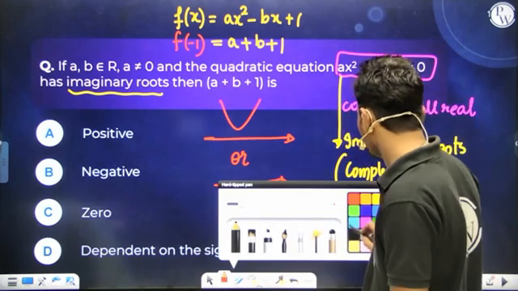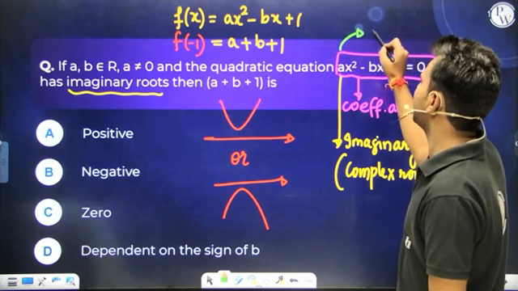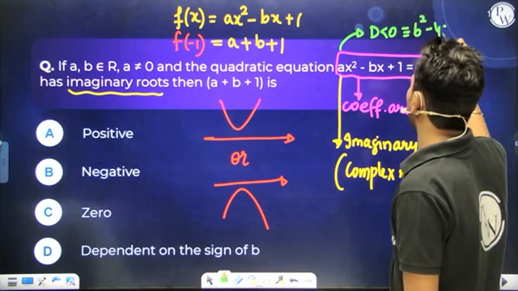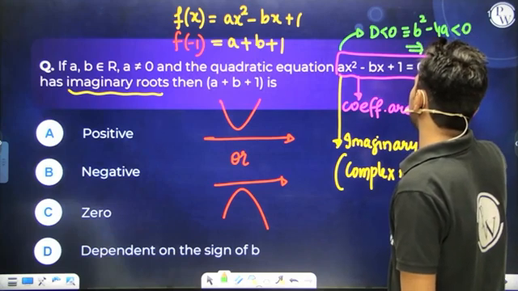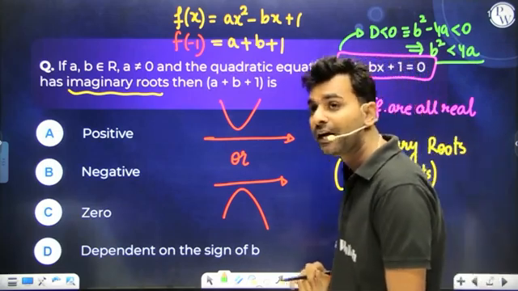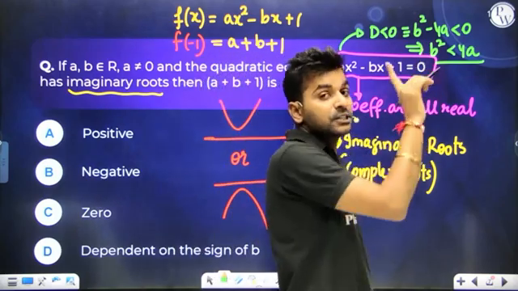Or one thing is this, also if the discriminant is negative, let's evaluate over here, that if the discriminant is negative, then b square minus 4a has to be negative. That means b square has to be lesser than 4a. Okay, if b square is less than 4a, now understand one very important thing. B square is a positive number.